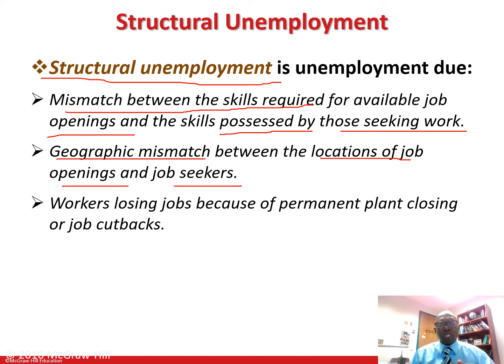For instance, someone who is in Texas, with warm weather, now the job opening is in Alaska, where it's cold and snowing most of the time, and the worker does not want to move to Alaska in the cold weather, then that person would be unemployed. The third reason for structural unemployment is workers losing jobs because of permanent plant closings or job cuts, for instance.